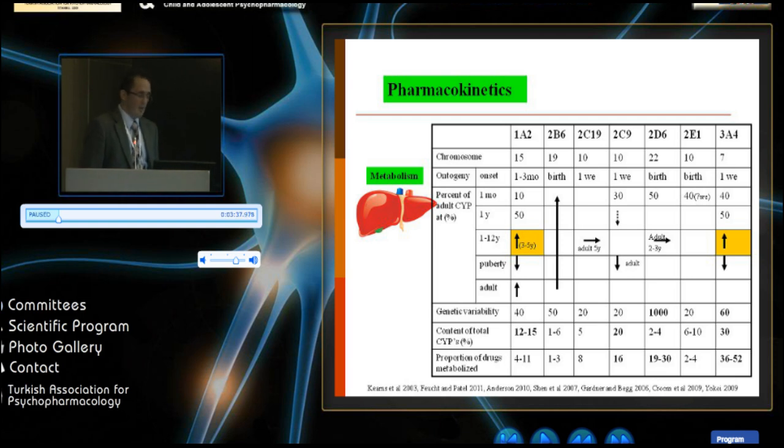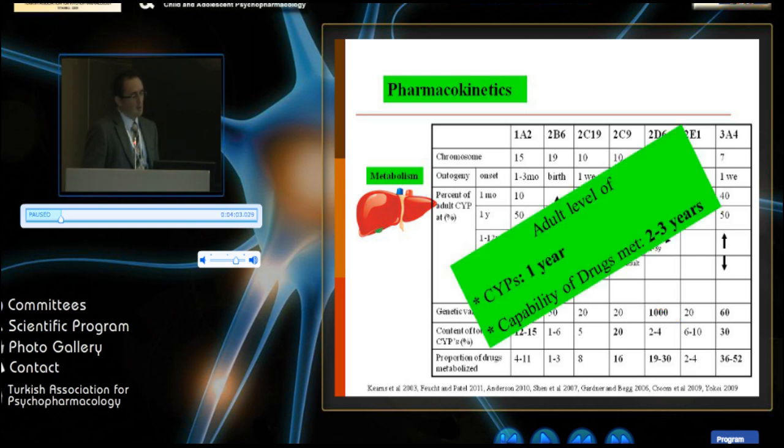Some of them rise high until adolescence, and 1A2, the one related to clozapine, tends to decrease with puberty, but 2D6 is stable after the age of 2. And 2D6 has a very important feature: its genetic variability is highest.